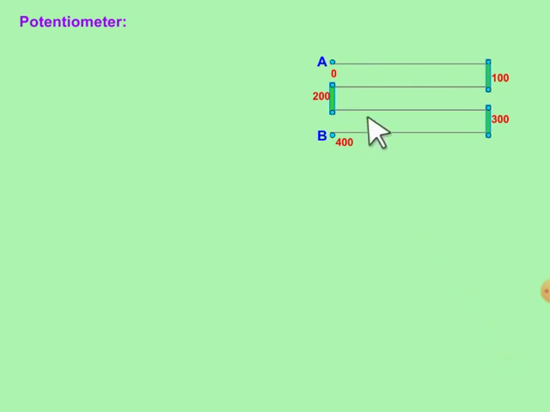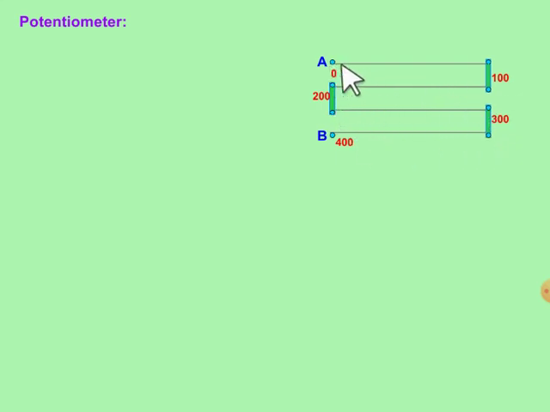Here let's take this as a potentiometer, and these are the potentiometer wires, starting from A and coming like this. This part is nothing but thick copper strips, or metal strips. This is 1 meter length, another 1 meter, another 1 meter, like that.